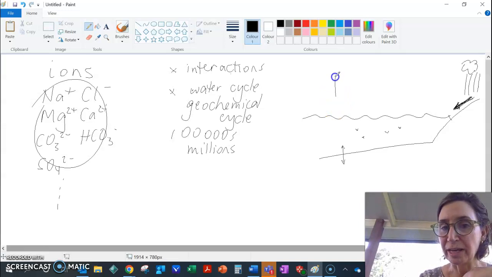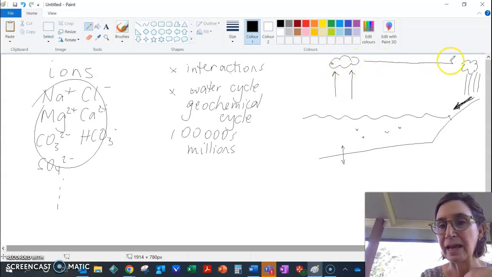The reason it accumulates is because the water then evaporates. This is where we're talking about the water cycle. It evaporates into a cloud, and then, of course, that's our water cycle: precipitation, runoff, evaporation, and then just movement of the water.